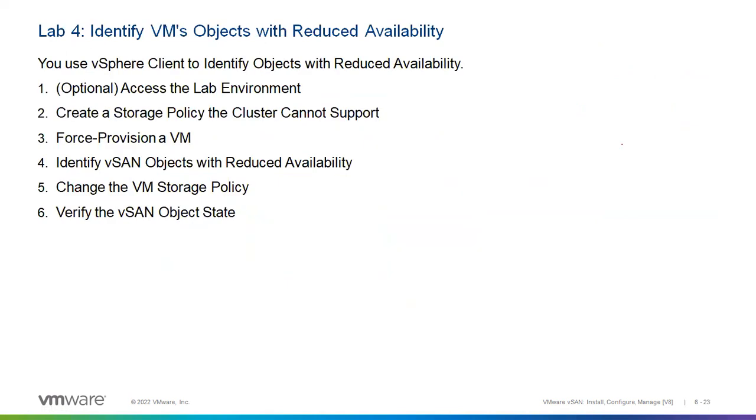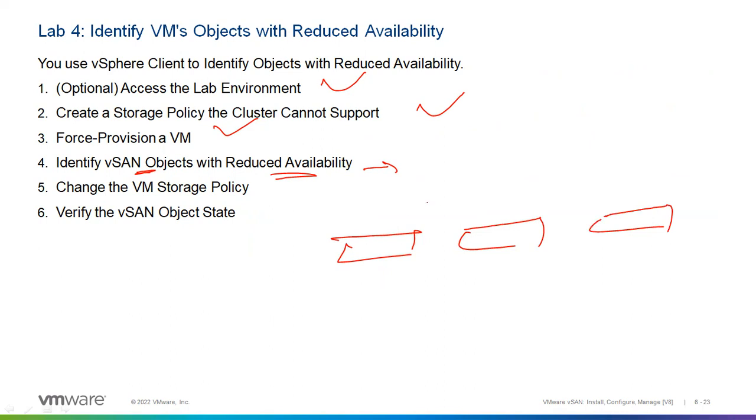Okay, so there is a lab. Access the lab environment, create a storage policy with force provisioning. We will see the vSAN object with reduced availability. If I am using 3 nodes with FTT1 RAID 1 and one of the nodes goes into maintenance mode or goes away, then this situation is called reduced availability.